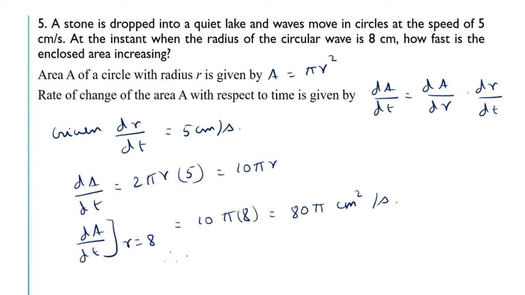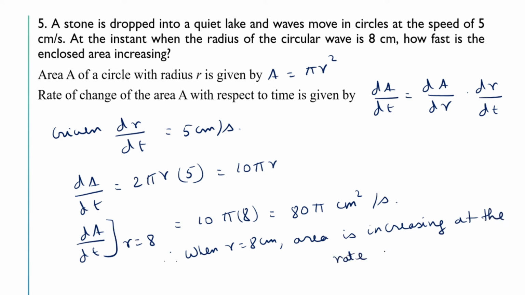So therefore, when r is equal to 8 centimeter, the area is increasing at 80π centimeter square per second.